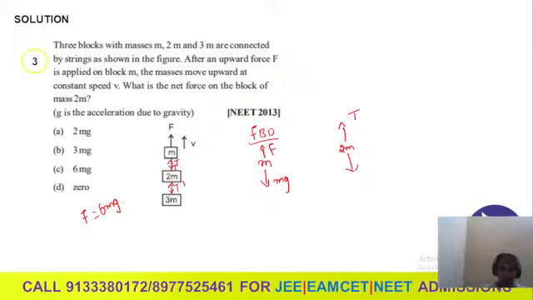This T will be balanced with (2m plus 3m) into g. So for block 2m, T is balanced by this total weight, because 2m and 3m are connected with the string. So it will be 5 mg.